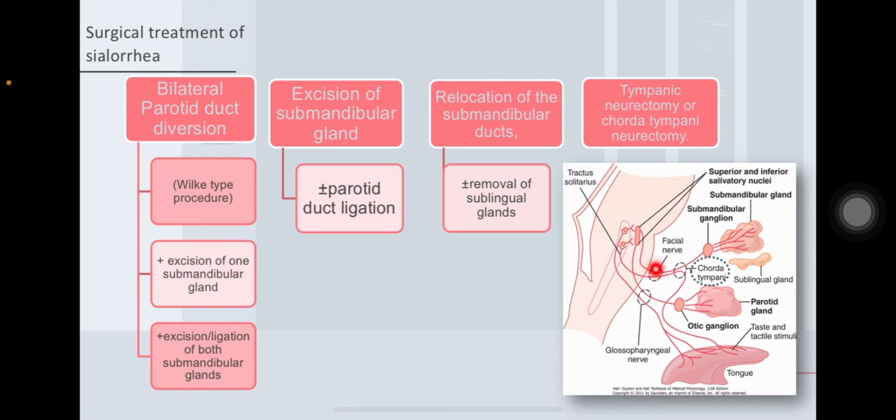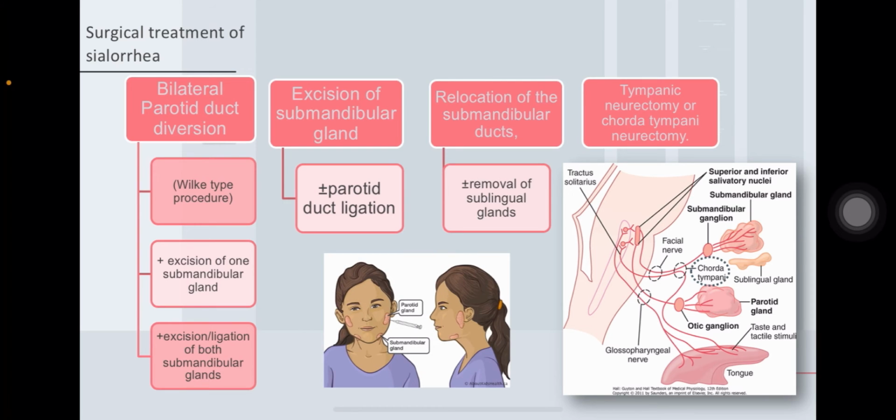So, neurotomy, or removing this nerve, will always result in loss of sensation in the anterior two-thirds of the tongue. This is actually one of the disadvantages. A recent approach is by injecting botulinum toxin into the parotid and the submandibular glands.